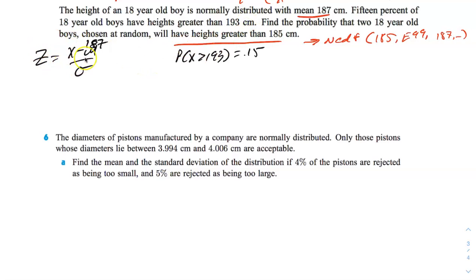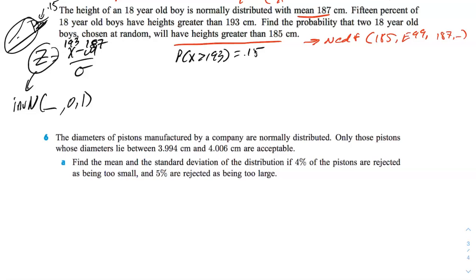So when I go in here, my x is 193. Z is always the same thing. It's invert normal of the area, and then 0, 1. Z is always, always, always that. So what's my area here? Again, if you have a new calculator, this is greater than, so it's going on the right-hand side. It's a right tail, 0.15. I don't have a new calculator, so if I was to draw it, I can't use that side, I got to find this side.